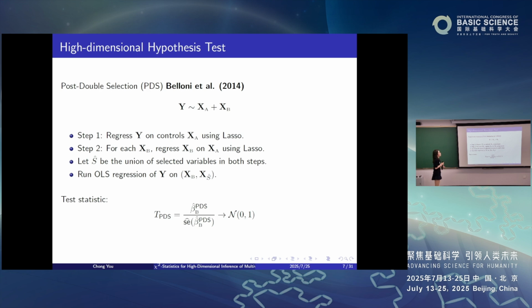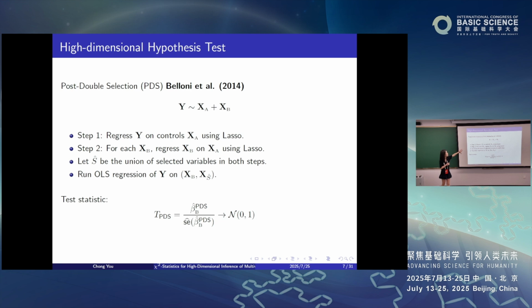So the intuition to solve this high dimensional issue is, one solution, to reduce the dimension; another solution is to remove the correlation between XA and XB.